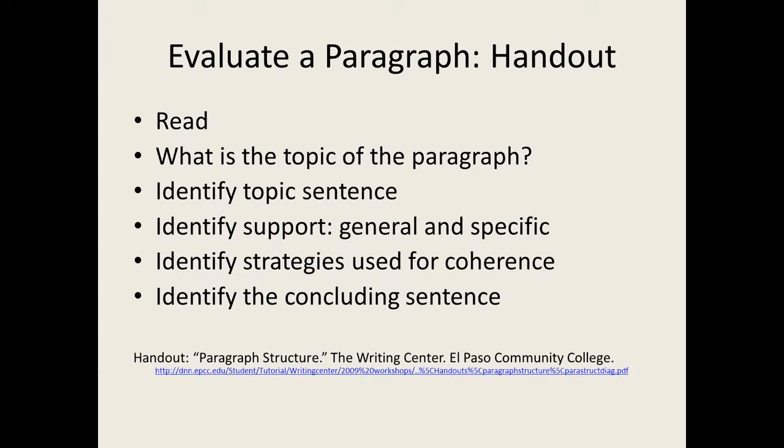If we want to evaluate a paragraph, there's one that I want you to look at so that you can identify the topic sentence, the support, and the strategies. We'll come back to that in just a moment.